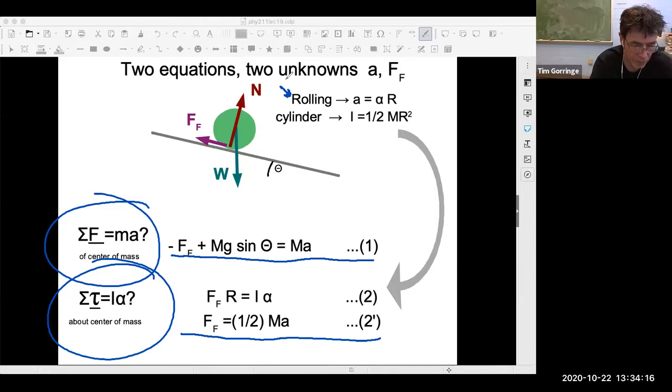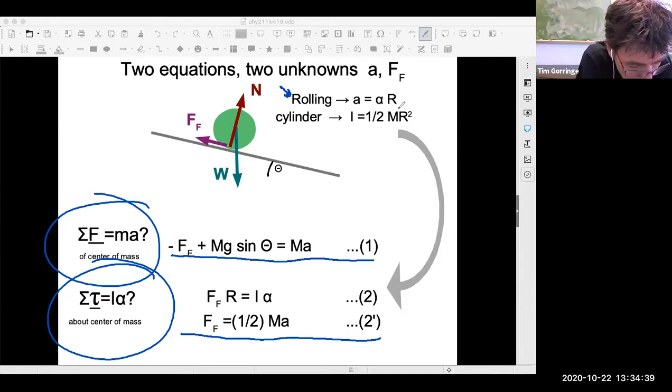One of them, I put in this condition that the objects are rolling down the incline. And that condition, if you remember, relates linear and angular accelerations, linear and angular velocities, linear and angular displacements.